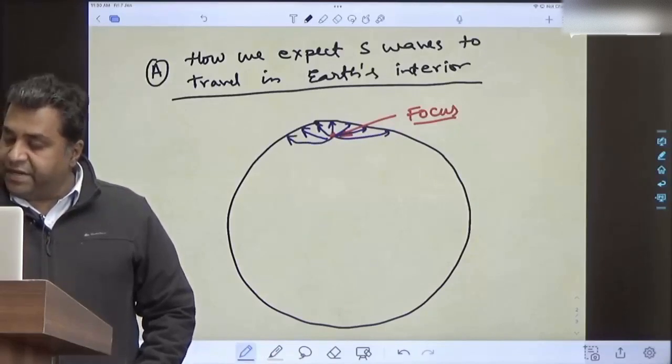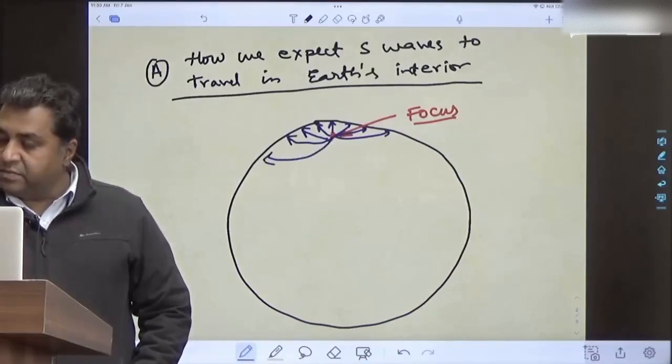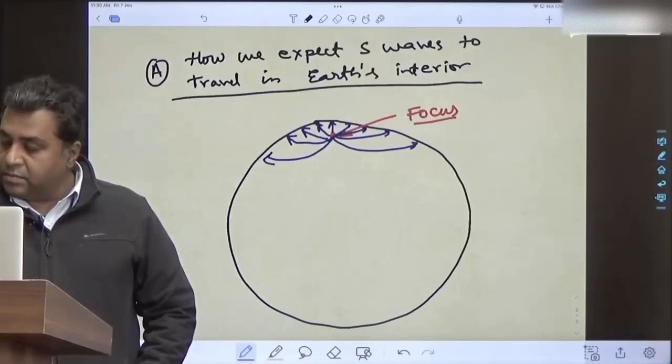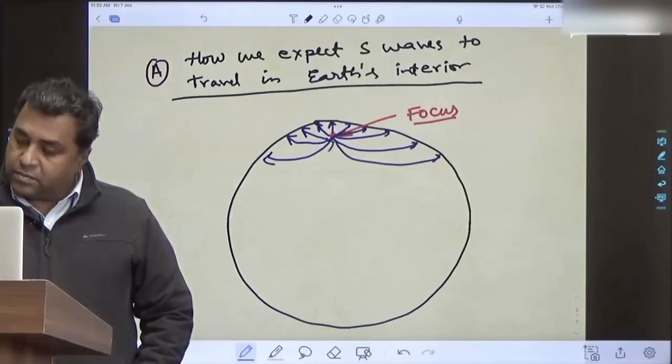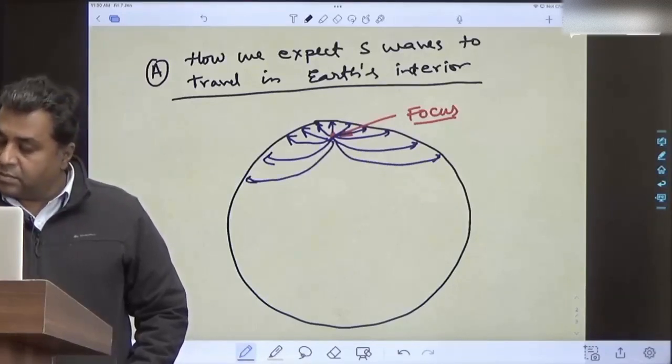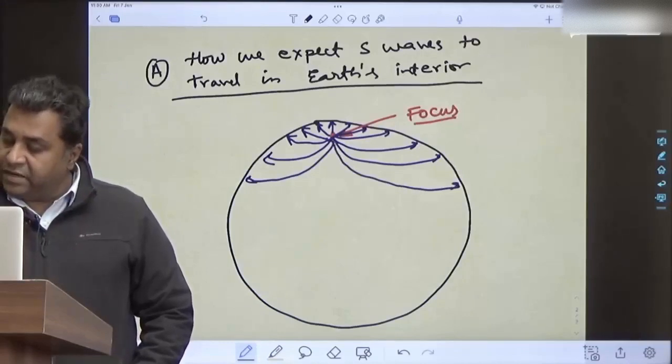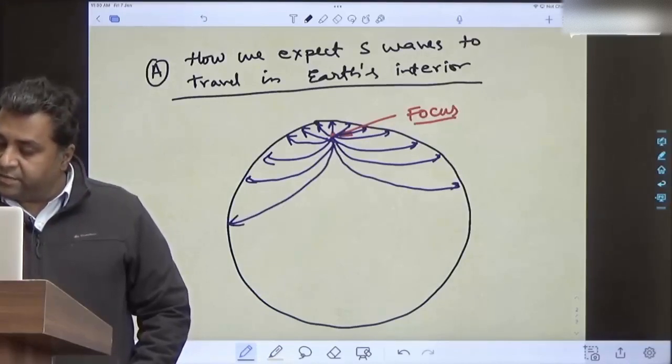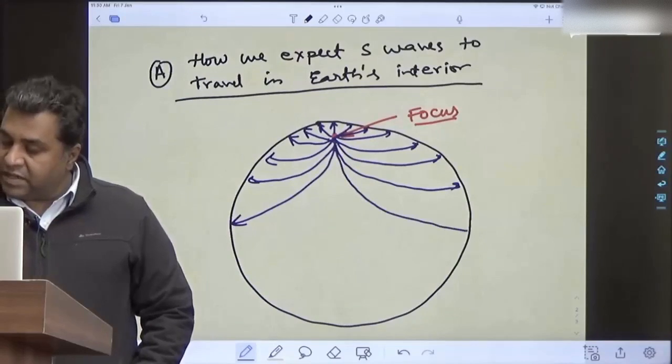So we expect the S waves to bend and travel like this.